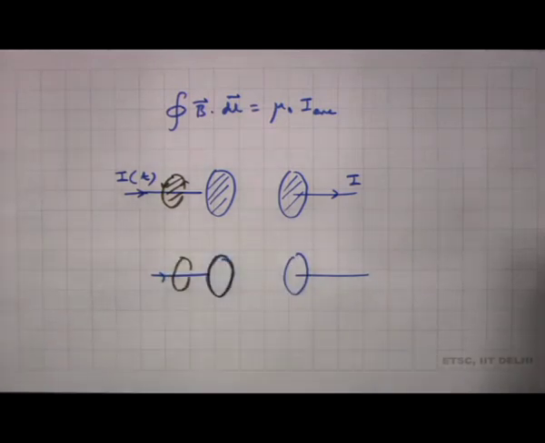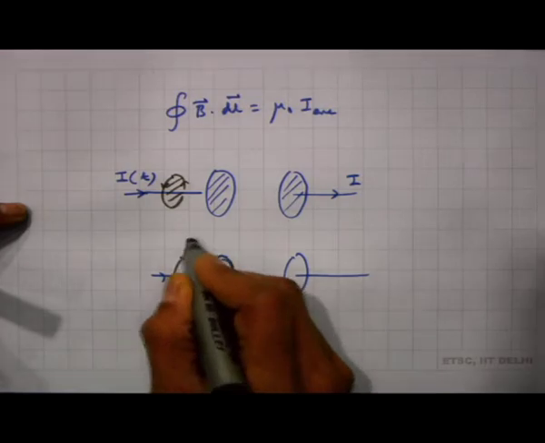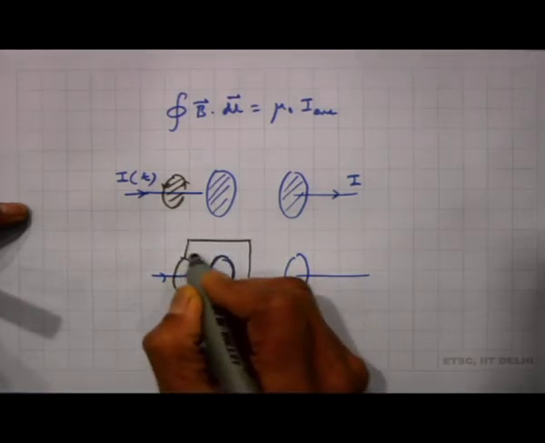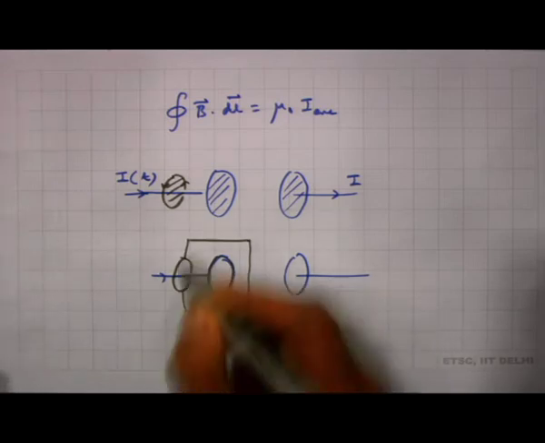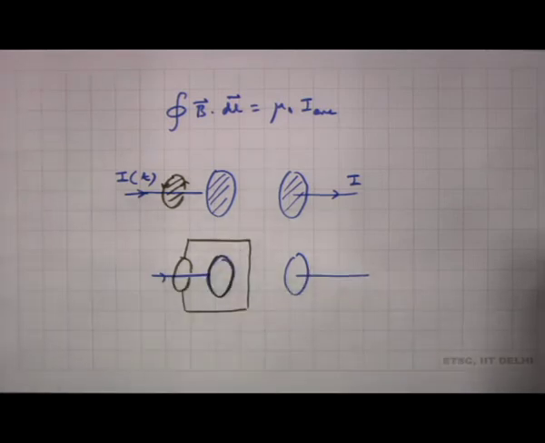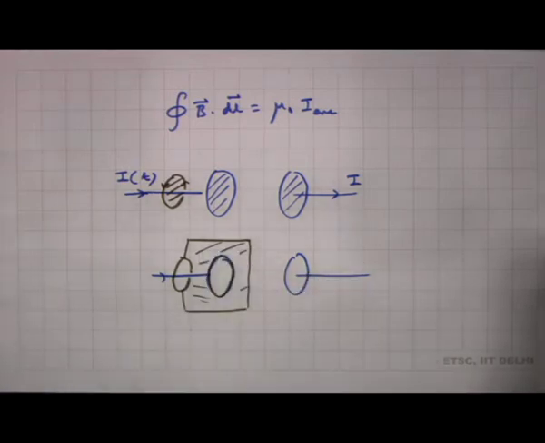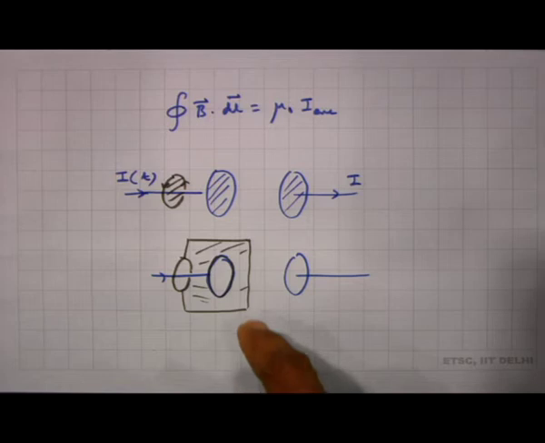I could have chosen another surface. The surface I could have chosen is like this. This is like a box with a hole here in the center and this is my surface now. The surface encloses the capacitor plates, but does not cross the wire.